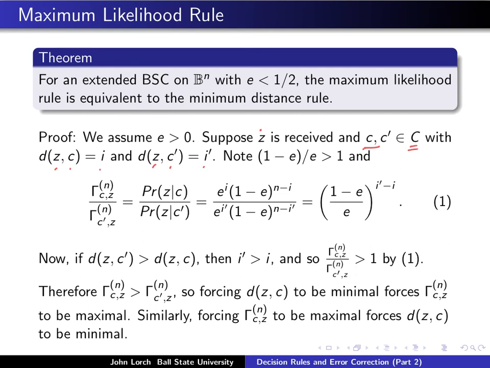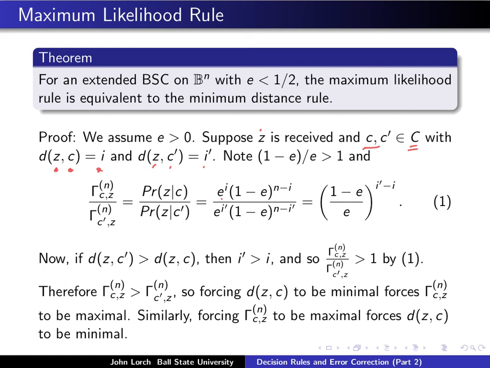Because z and c have distance I between them, we know that z and c differ by I bit flips. So this probability is going to have an e to the I corresponding to the I bit flips.